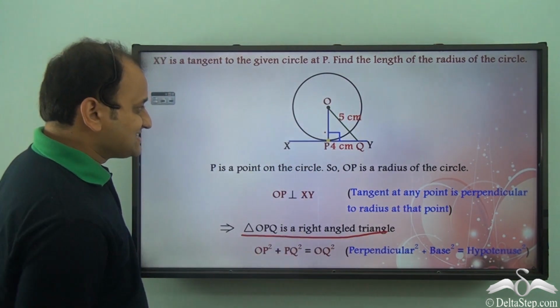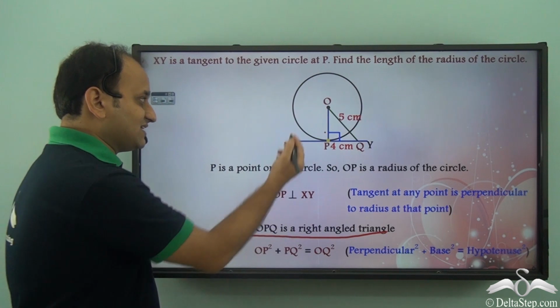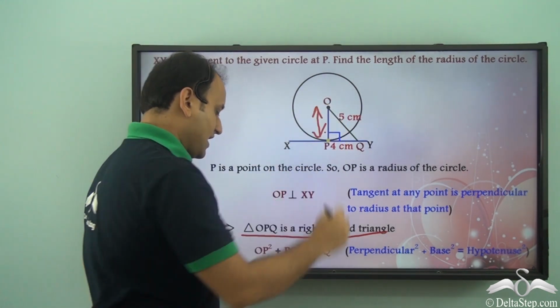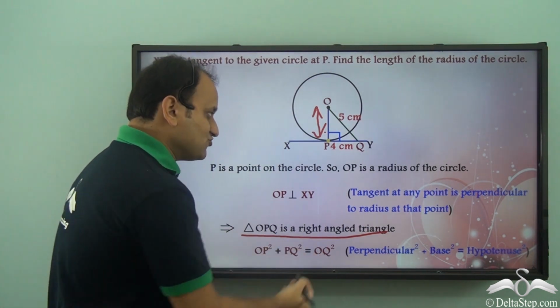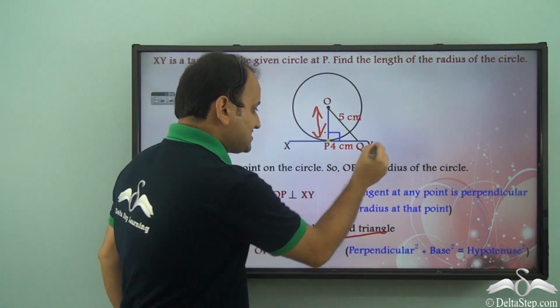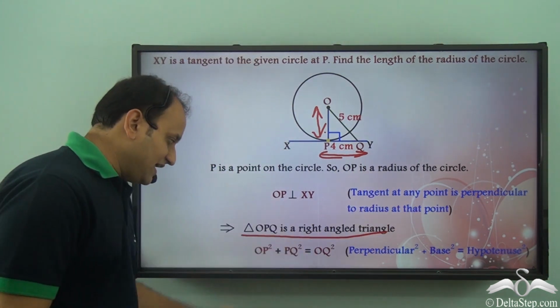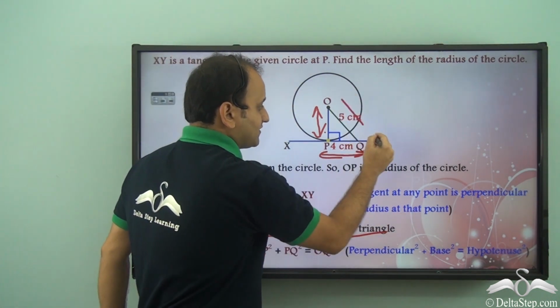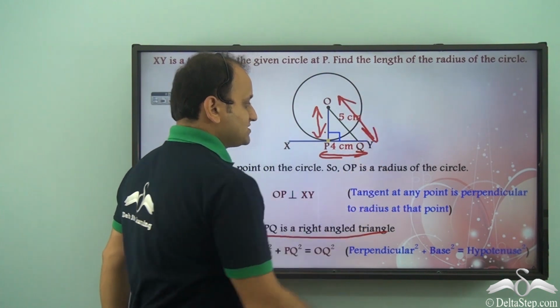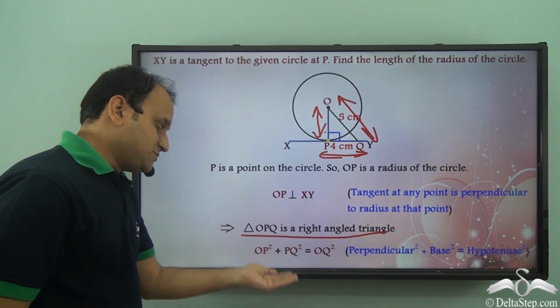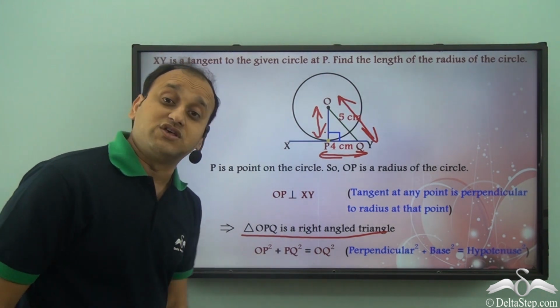So in this case, perpendicular square is nothing but OP square, OP is the perpendicular here, plus PQ square, which is the base. PQ is the base in this case. So PQ square will be equal to OQ square because OQ is the hypotenuse in this case. So OP square plus PQ square is equal to OQ square.